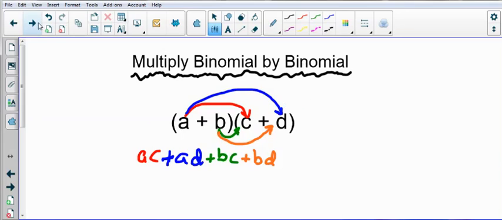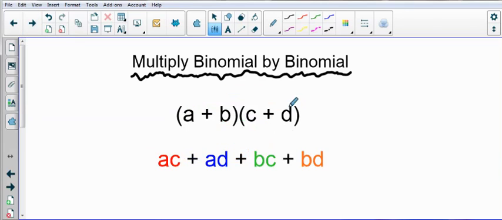So I want to show you something else. Here it is: a times c plus a times d plus b times c plus b times d. The first thing we did was take a times c. The second thing we did was take a times d.